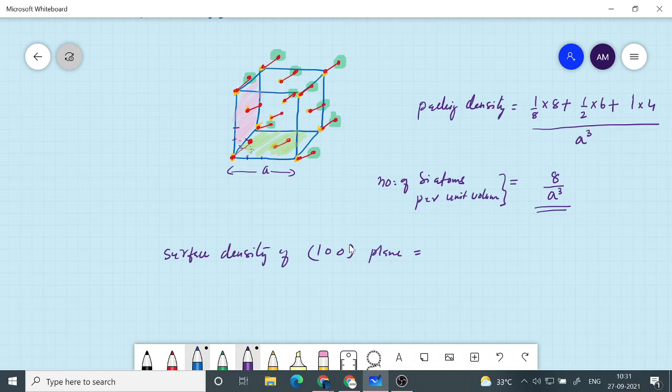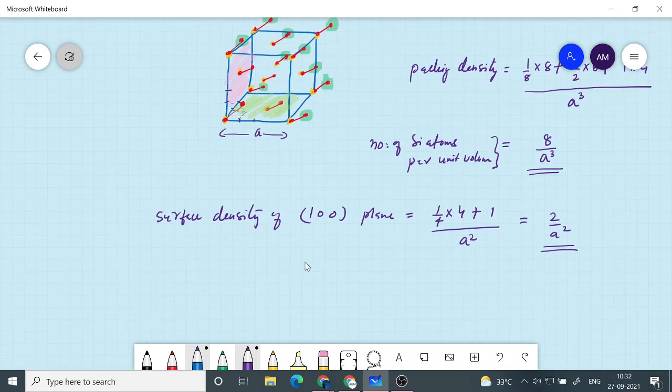It's going to be 1 by 4 into 4 plus 1 at the face, that is fully inside, not shared with anything, and the associated silicon atoms are not on the surface, they are outside, so that will be 2 by a squared. Okay, so this is for silicon surface density.